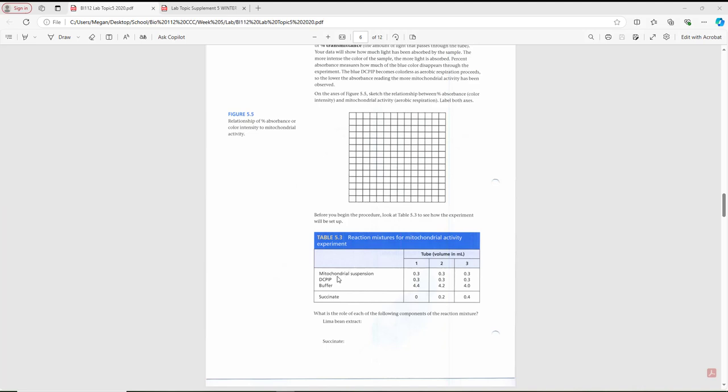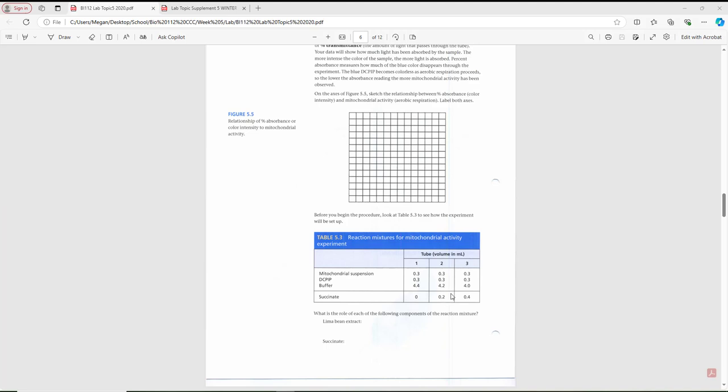We have the DCPIP, so that's the dye that's going to accept the hydrogen ions and the electrons. And then we have a buffer, and then we have something called succinate. So succinate is the substrate in this reaction. So the substrate, you can see, is basically what's changing in this reaction.